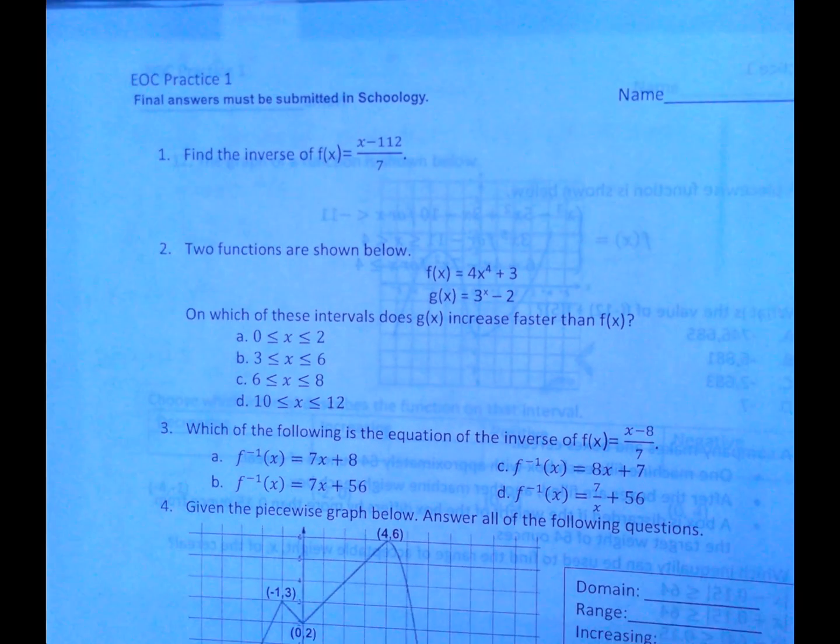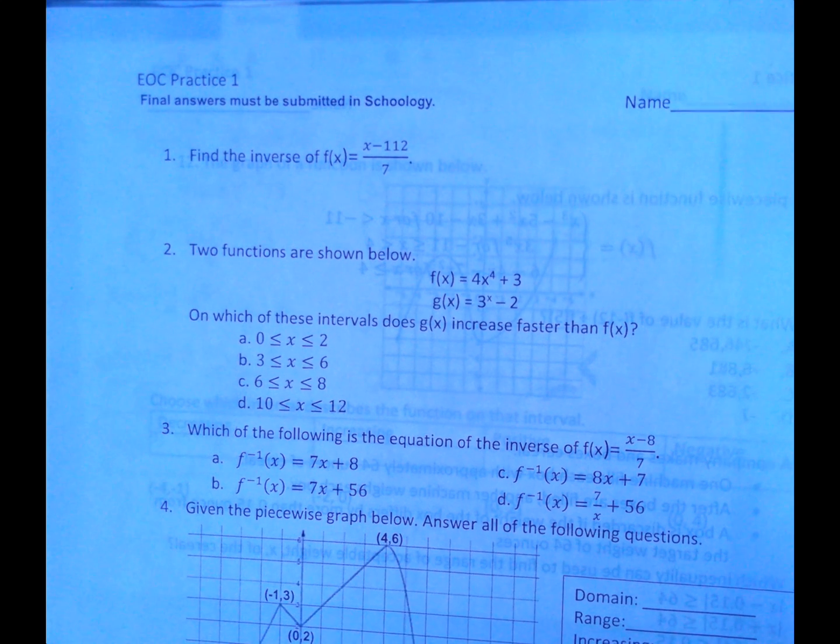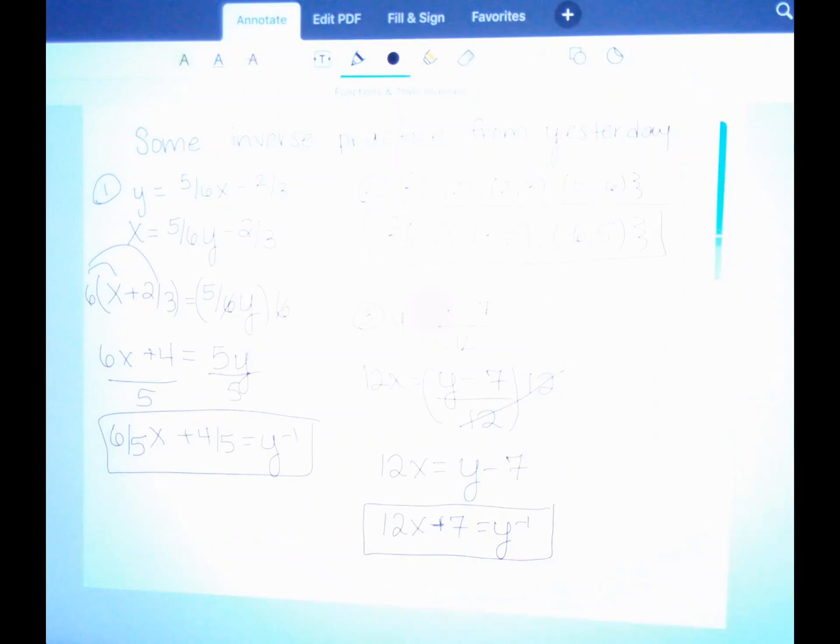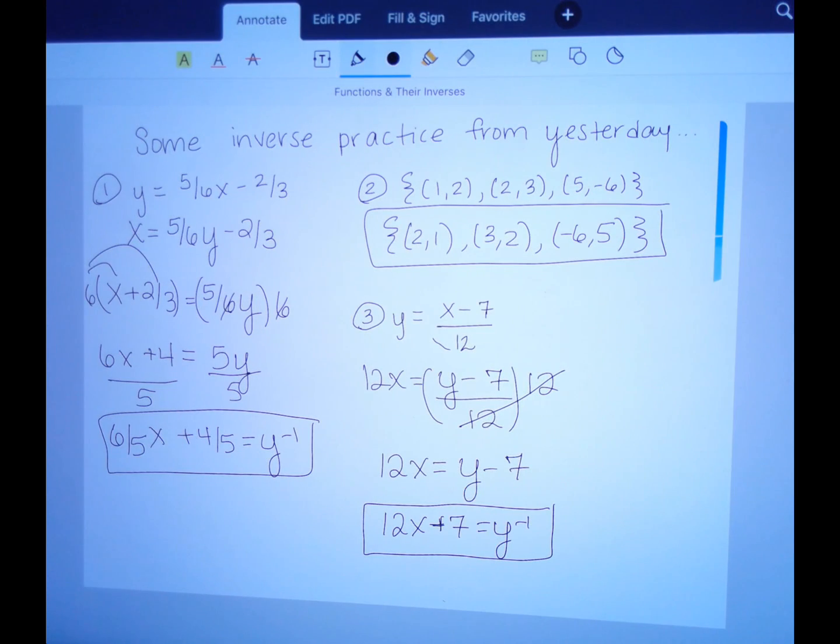Number 1 and number 3 are inverse questions. Okay, so 1 and 3 are inverse questions. So you could go ahead and do those towards the end of class today. But your priority is doing this video and then going ahead and starting the second video. So go ahead and hop over to the second video, and that'll be today's content.